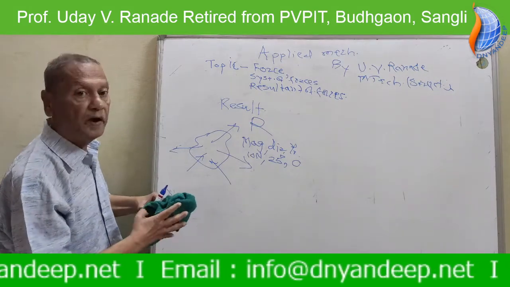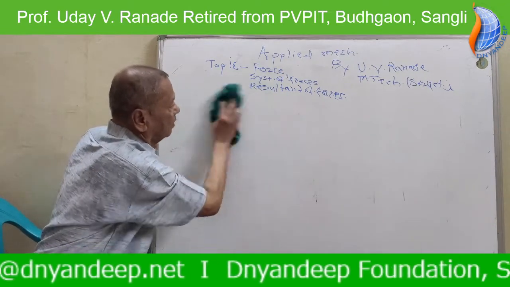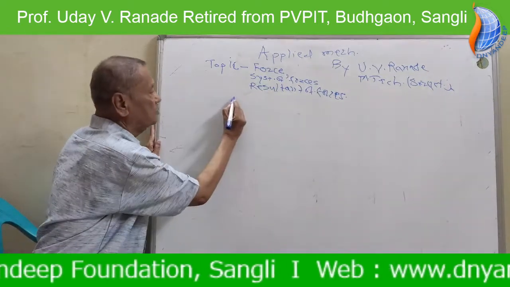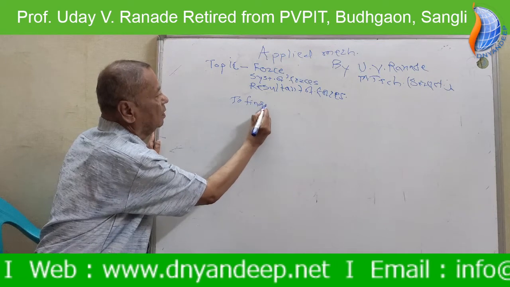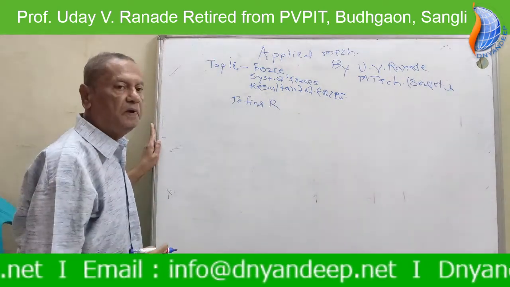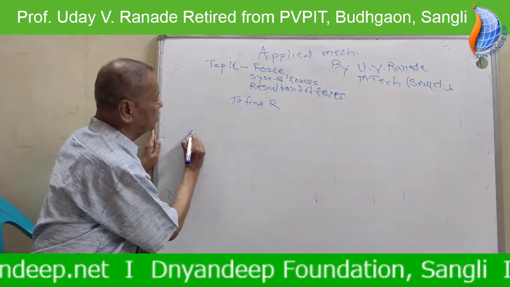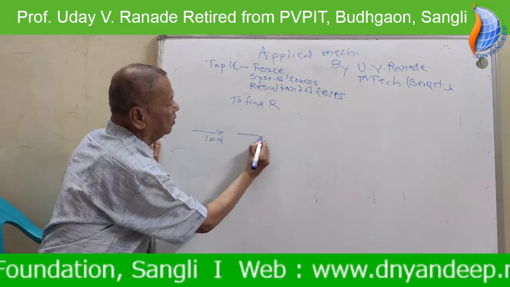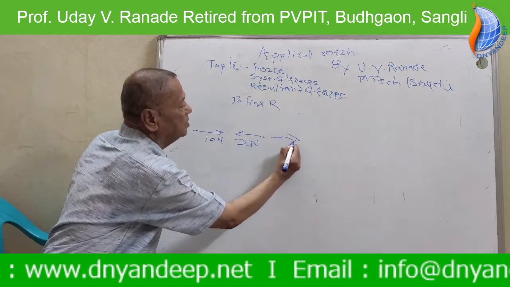So you can find resultant. Now how to find resultant? Instead of going into complication, first I will take a simple example. Suppose a 10 Newton force is acting, a 2 Newton force is acting, a 5 Newton force is acting.